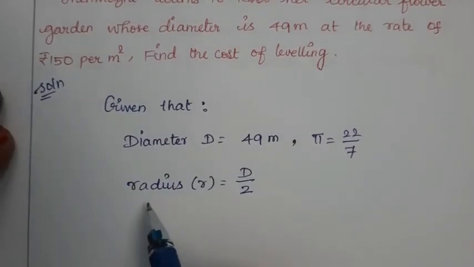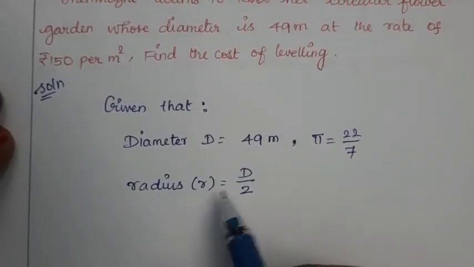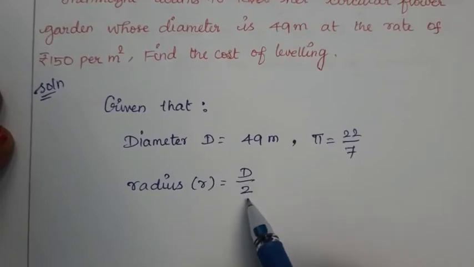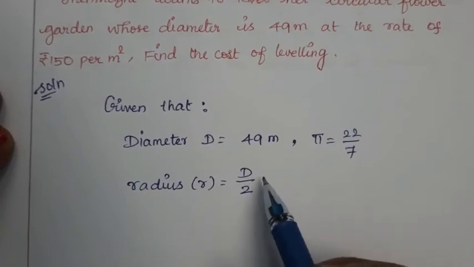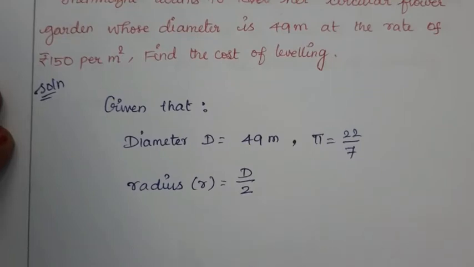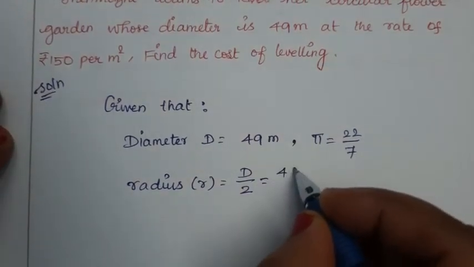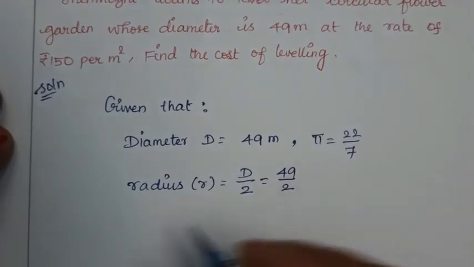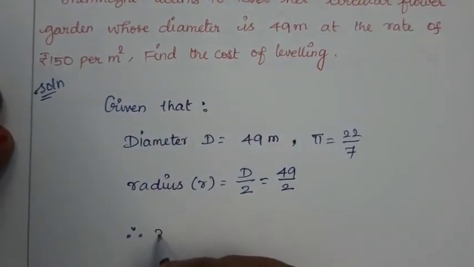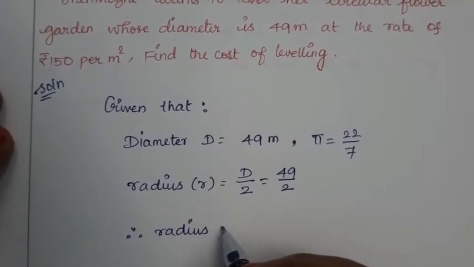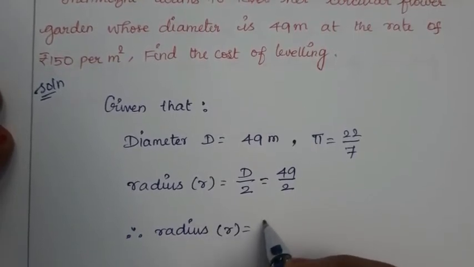We can find the radius r by using the formula d by 2, that is diameter by 2, which is equal to 49 by 2. Therefore, the radius is equal to 49 by 2.